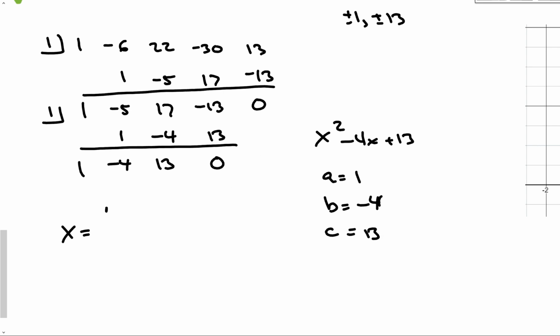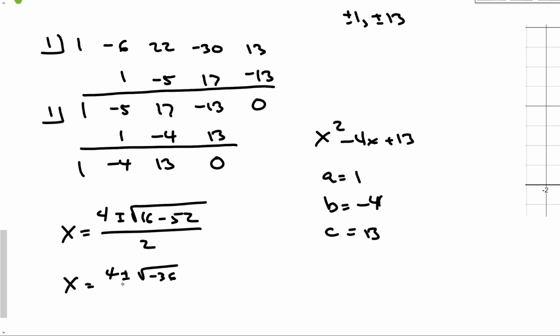So we have negative b, that's a positive 4, plus or minus the square root of 16 minus 4 times a times c, which is going to be 52, over 2. 16 minus 52 gives me x equals 4 plus or minus the square root of negative 36 over 2. Well, that works out very nicely to give me 4 plus or minus 6i over 2, which is 2 plus or minus 3i.